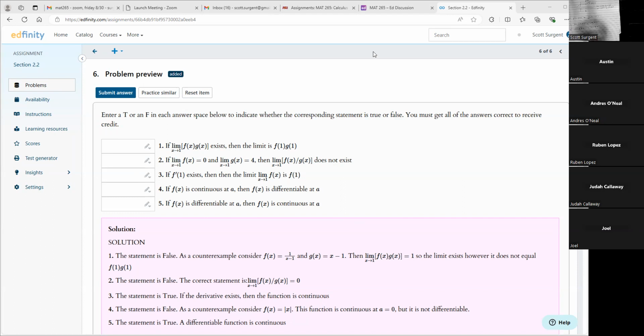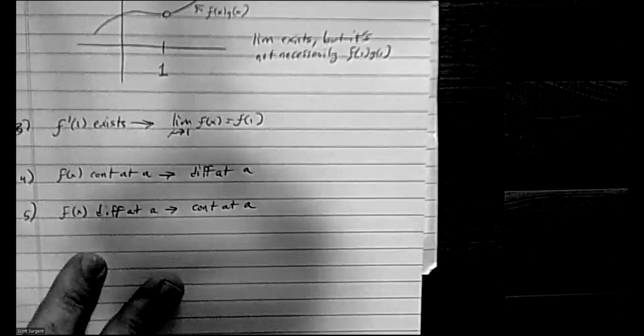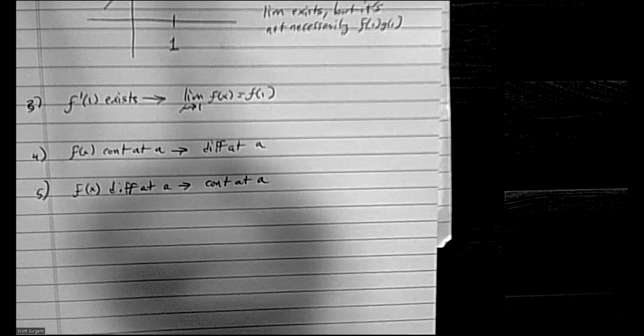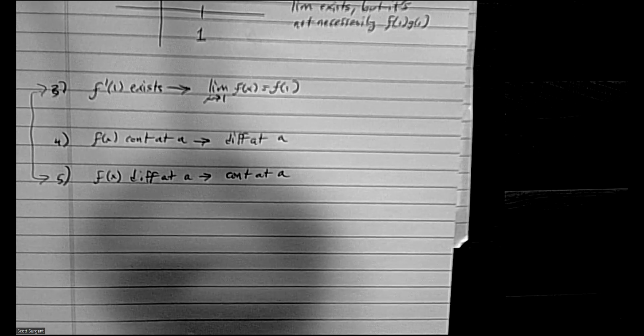Okay, so I'm going to go to my camera here. Actually, 3 and 5 are kind of the same question. If the derivative exists, there must be a point on the function for the derivative to actually be there.